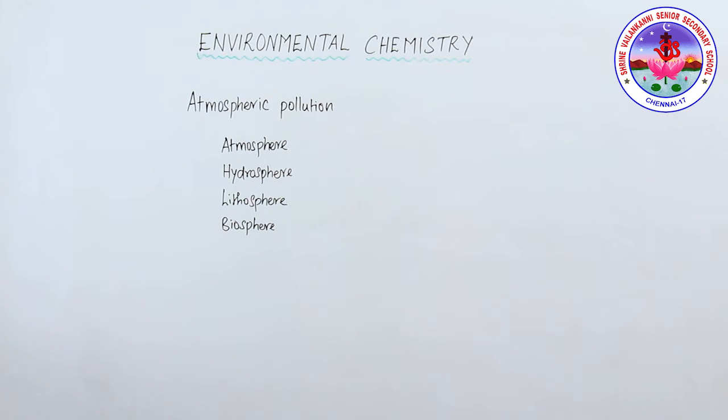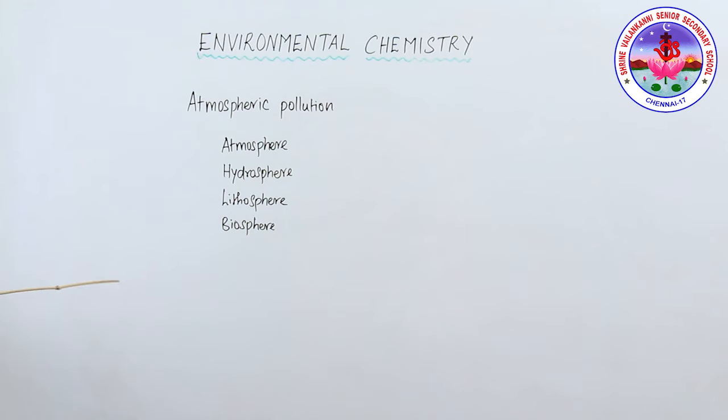The regions are the troposphere, stratosphere, ozonosphere, mesosphere and thermosphere. The altitude of the troposphere from the earth's surface is 0 to 11 kilometers. After that, the stratosphere is 11 to 50 kilometers. In the troposphere, the temperature decreases from 15 to minus 56 degrees Celsius.